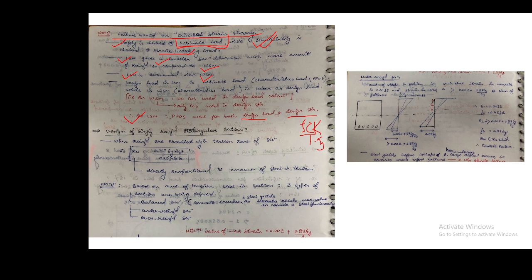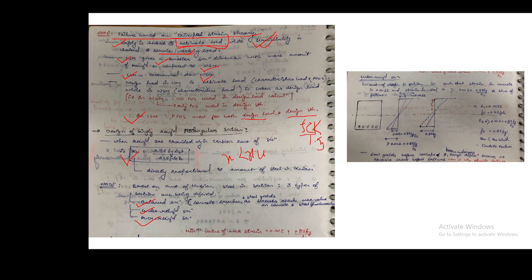Then again, the same thing for the design of a singly reinforced rectangular section. XU can be calculated this way, which we have already seen. There will be three sections: balanced, under-reinforced and over-reinforced, which you can determine by calculating XU, the limiting one, and your X. If X is less than XU, then it's under-reinforced.